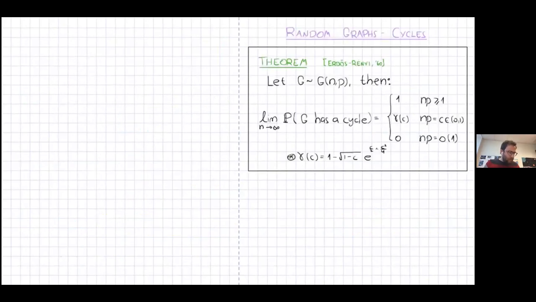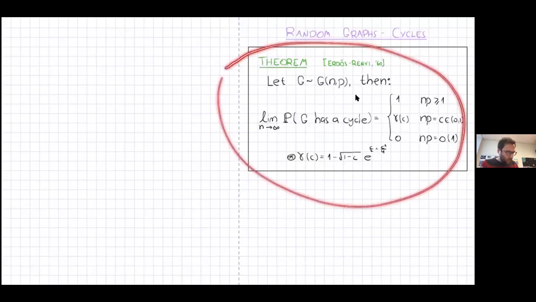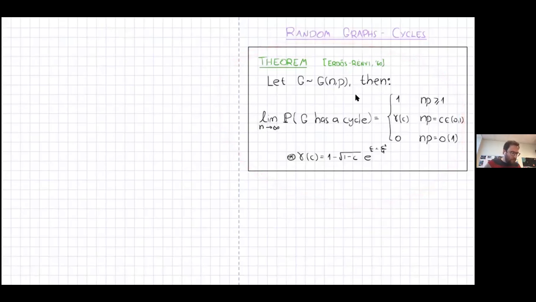What I want to do next is to look at other phenomena that are known for random graphs and how they translate to the random complex. So here is another result, again coming from Erdős and Rényi, a year after. The question there was to look for cycles in the graph and ask whether or not a graph G has a cycle. And this happens right before connectivity happens, when np was log of n. Now we're looking at np which is a constant.